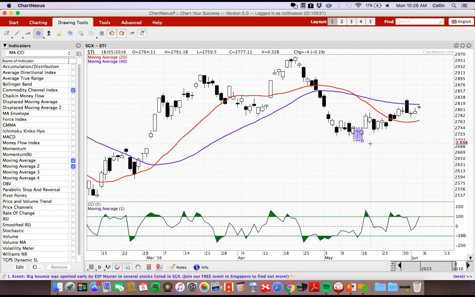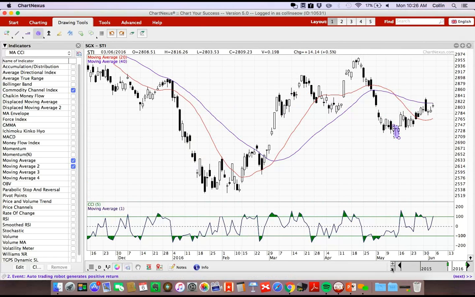Of course you can put in your other tools, like your support and resistance, to help you look at whether there is a good support. In this example, this is actually support over here, followed by a reversal of this down move from here. This is an example of a doji candle.